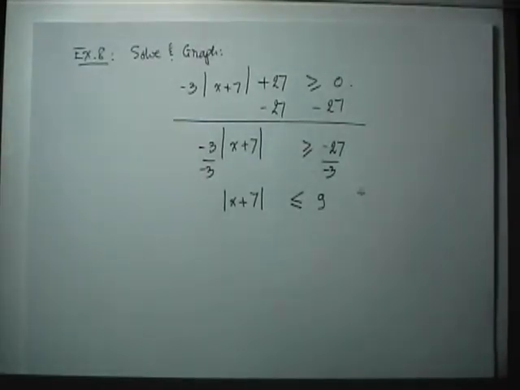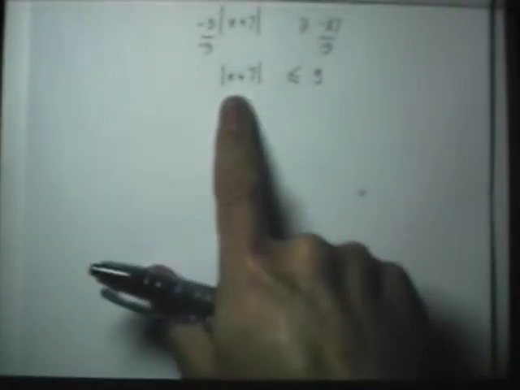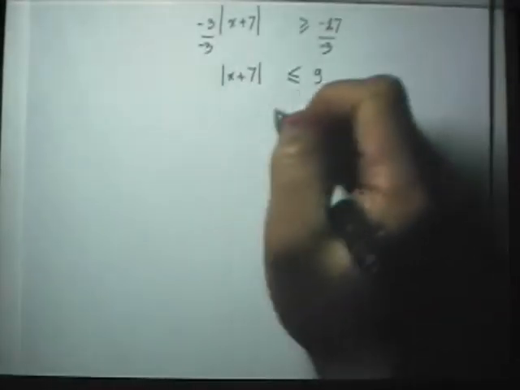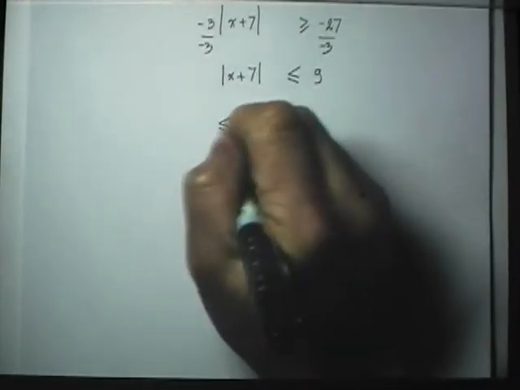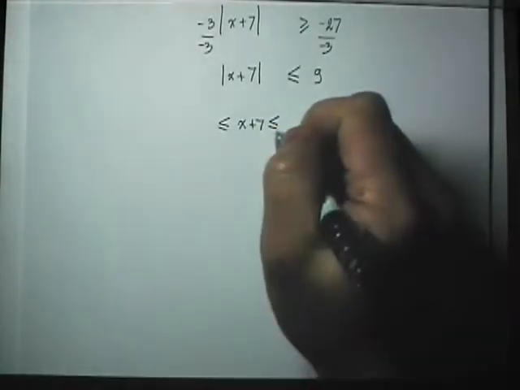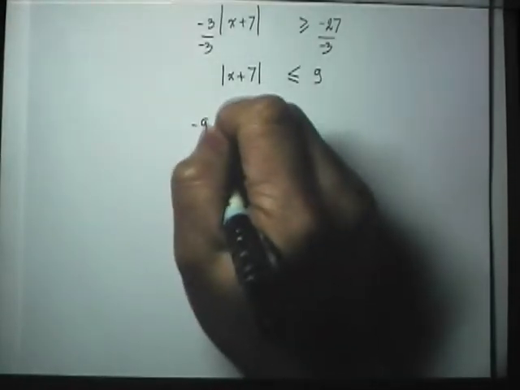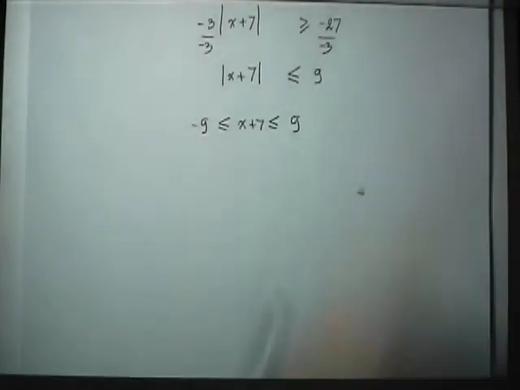So now after cleaning up my inequality, it becomes much easier to solve. With this inequality, the inequality sign is pointing to the left side, so I have x plus 7 trapped in the middle, greater than or equal to -9 and less than or equal to 9.